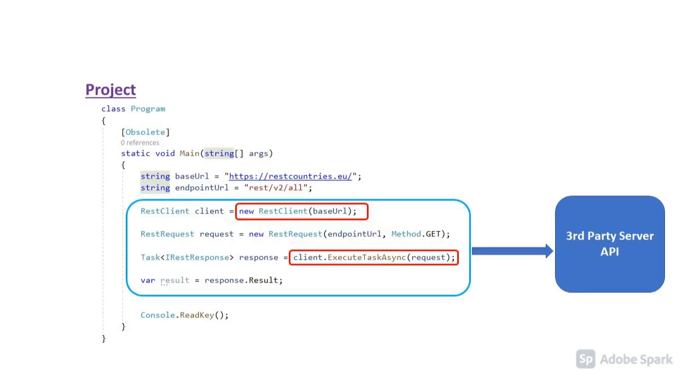After investigating the issue, we found out that the ExecuteTaskAsync method was giving 500 status code errors very frequently, because the third-party server which we are connecting to for the API is going down frequently. Now let's see how we can get rid of this situation and make our application more stable.